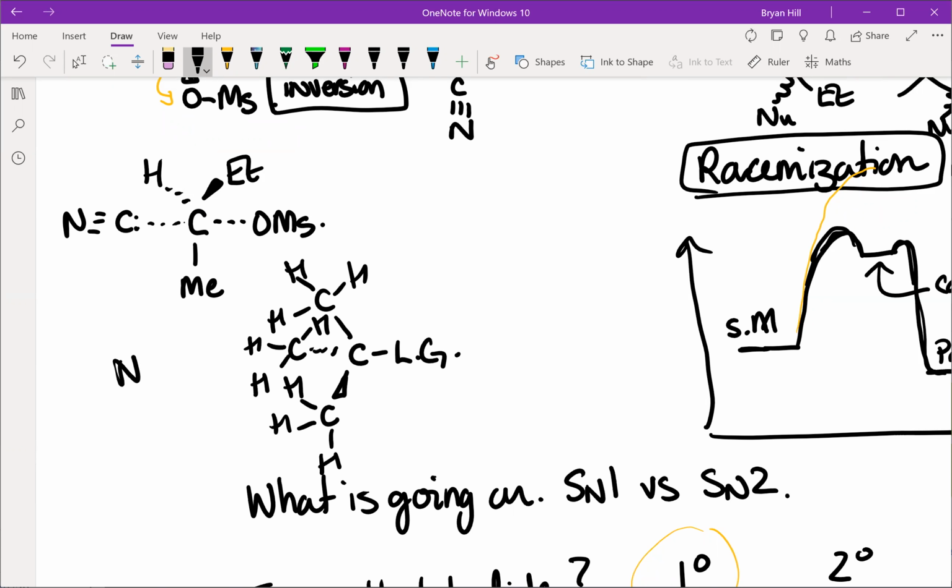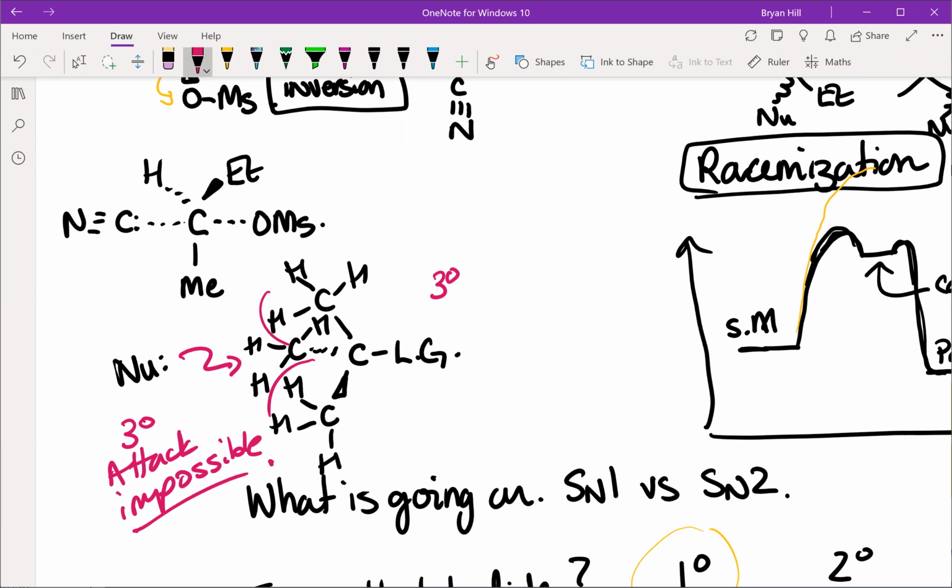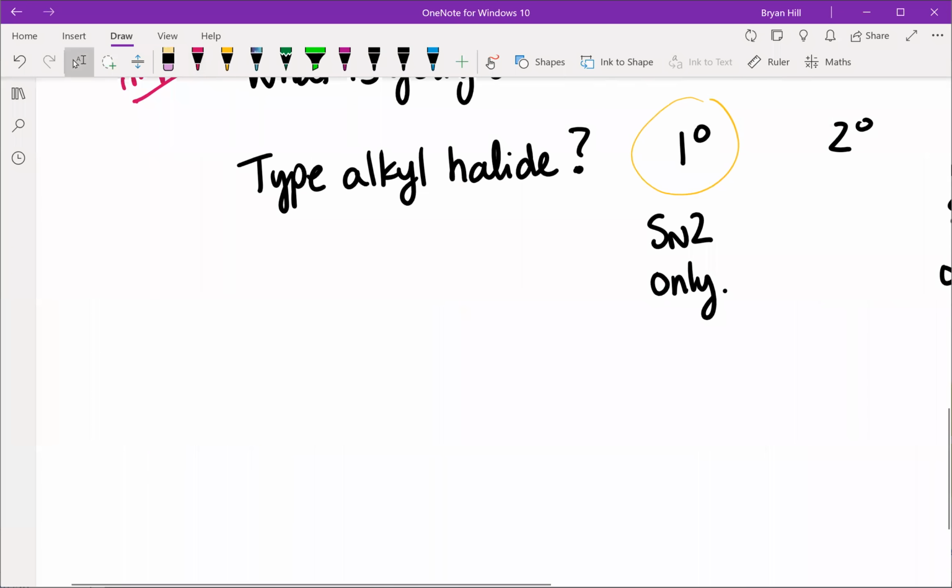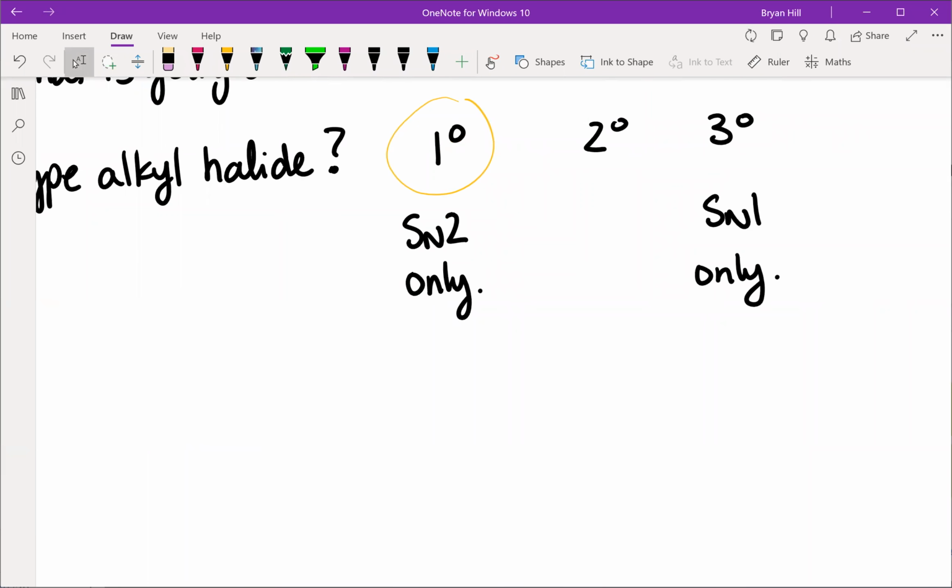If you're the nucleophile, you need to attack from the opposite side. And when you have all of these large groups here, it basically blocks this attack. So with tertiary, this attack is impossible. And then with secondary, you had a choice, right? And so it could be either.